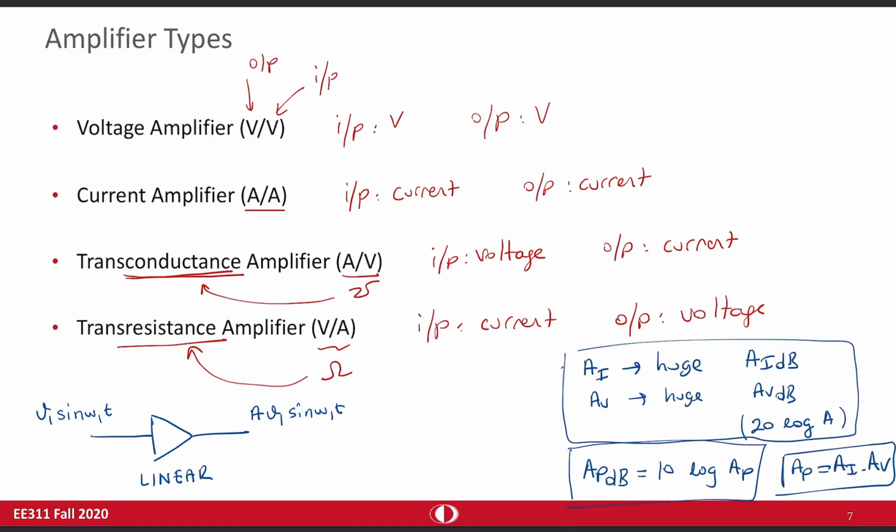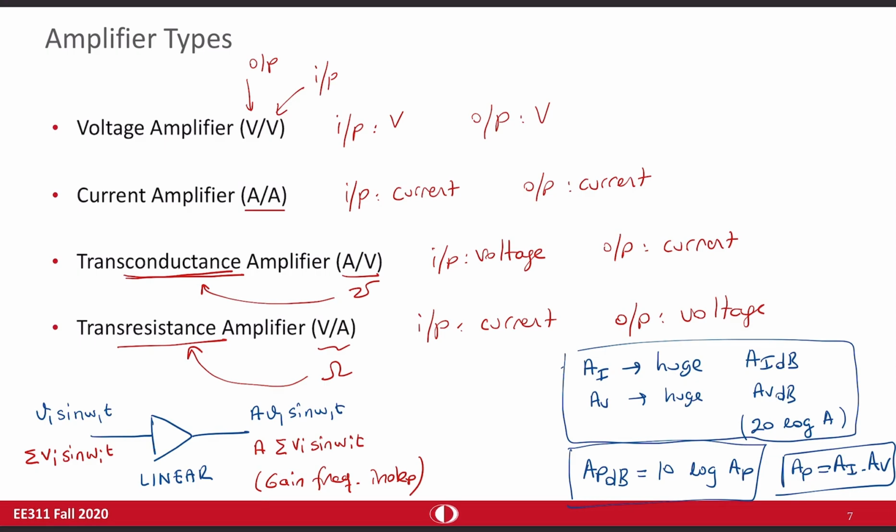Or in an extended way, if you have a summation of sinusoids, Vi sine omega i t, at the output you get the same thing but multiplied by a gain. So gain is frequency independent for linear amplifiers. Linearity means that all the frequencies are amplified in a similar way.